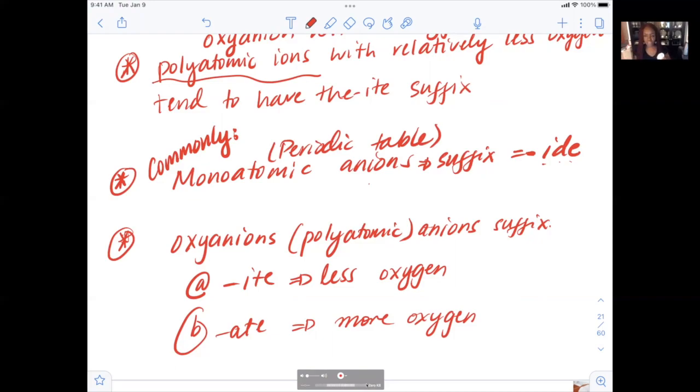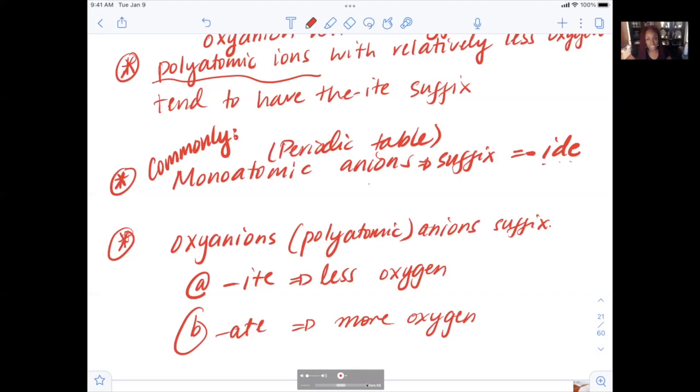They don't have any additional thing, no oxygen, nothing. And then the ones with the ates and the ites: the ates have more oxygen, the ites have less oxygen. This wasn't helping me to name the individual elements, but it was helping me to categorize them and sort them out in my head.